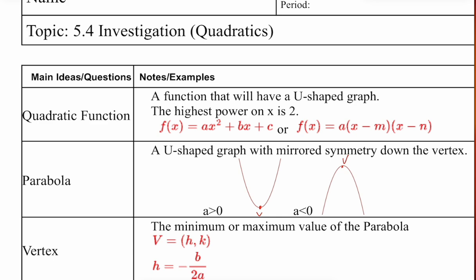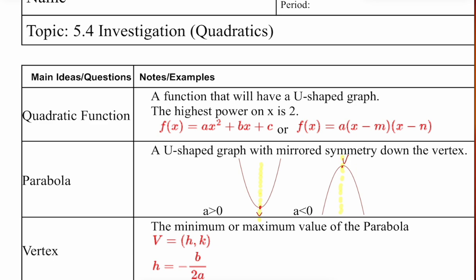And we could fold this kind of like a butterfly down the center of the butterfly. We could fold that down the line x equals whatever that vertex's x happens to be.